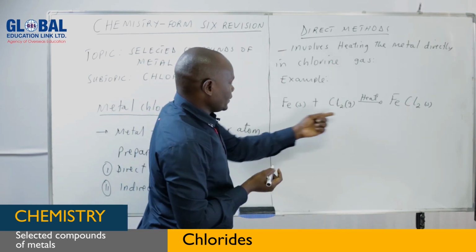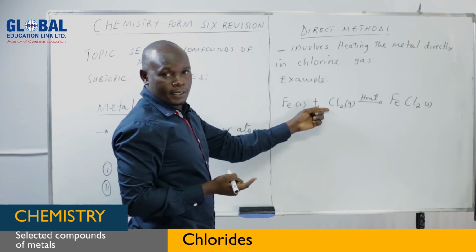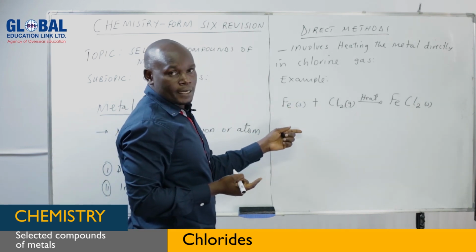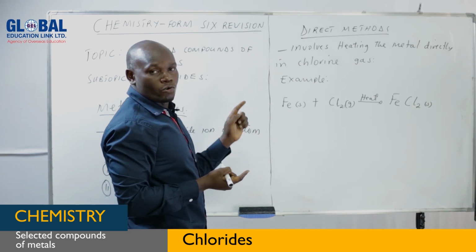And when balanced, the equation is balanced. But if chlorine gas is in excess, the resulting product is the reddish brown product, which is iron 3 chloride.